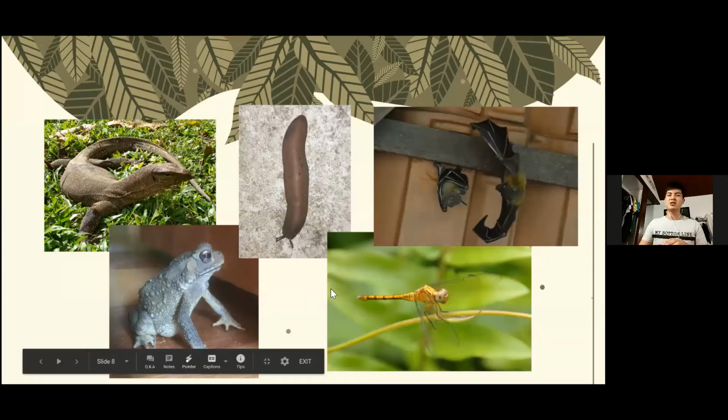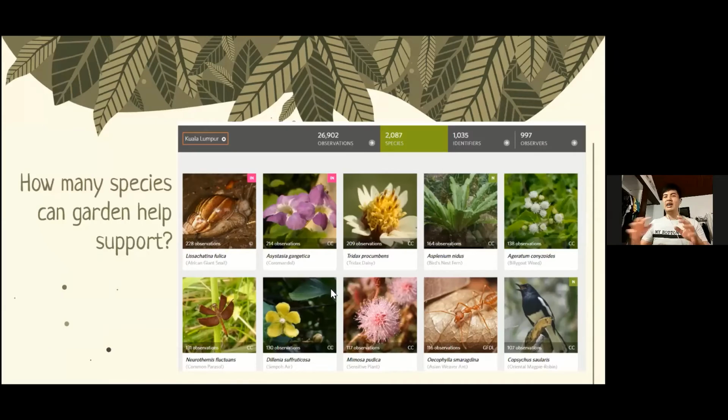So after all this, I talk about so many animals and plants, and how many species can a gardener help support, you might ask. So in this platform, which is called iNaturalist, you can find it easily on the web. In Kuala Lumpur itself, we have documented over 2,000 species.